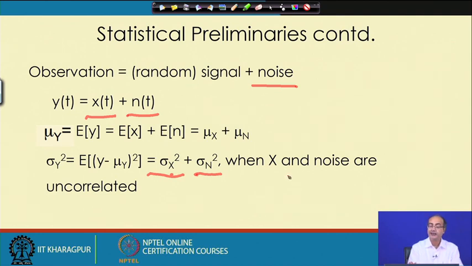However, there is an assumption here in both these cases, that the signal of interest x and the noise should be uncorrelated. If they are not uncorrelated, this relationship will not hold true. So, now let us move forward.